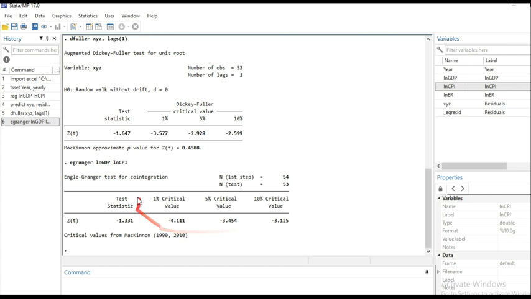Therefore, the calculated one is not more negative than any of these critical values, and therefore the residuals generated from our long-run model are not stationary at level. Therefore, there is no evidence of co-integration between the variables x and y.